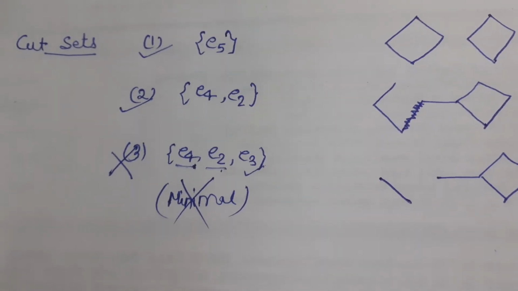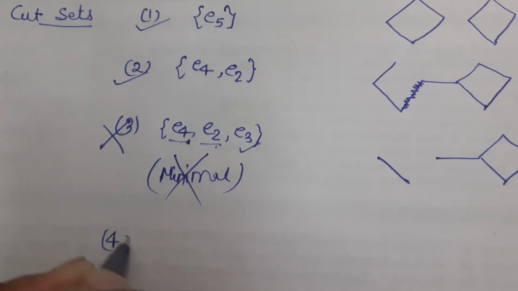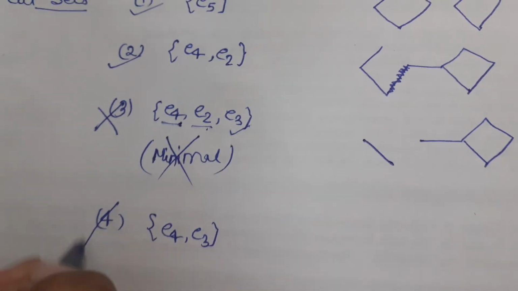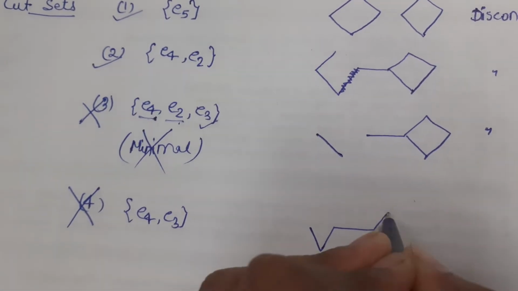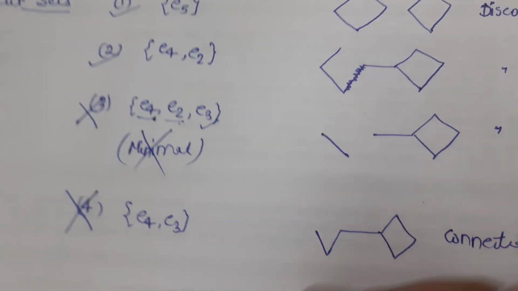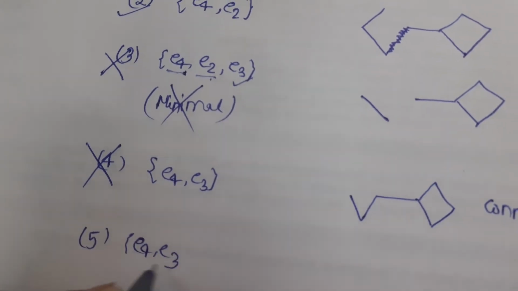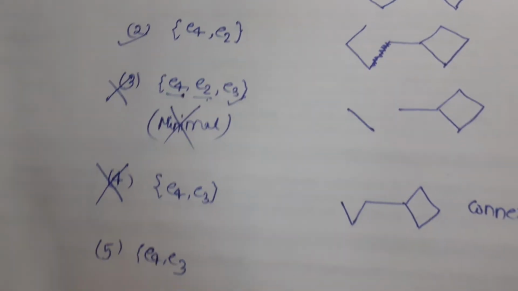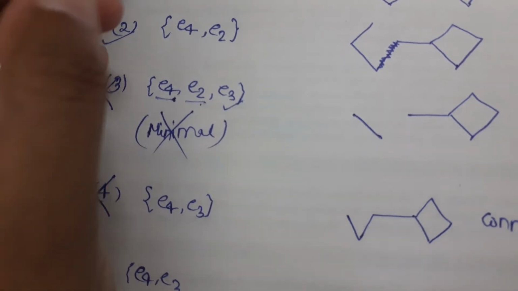But if I removed E4 and E3, suppose I have this E4 and E3. Again, this is not a cut set since after removing E4 and E3, I received this graph. This graph is connected. So it is not a cut set. For making it a cut set, with E4 and E3, I cannot include E2, right? Because if I include E2, then again E4 or E2 alone serve our purpose.